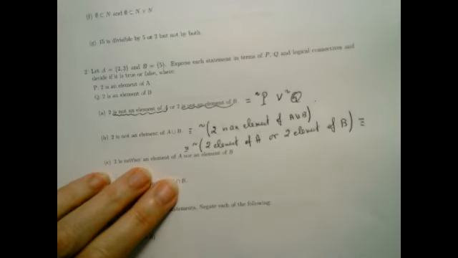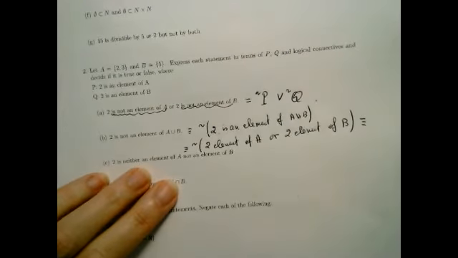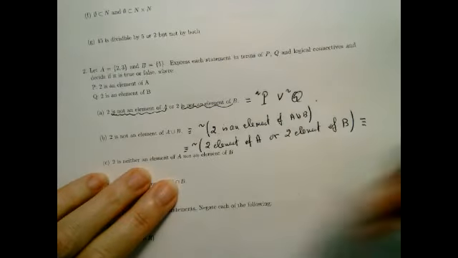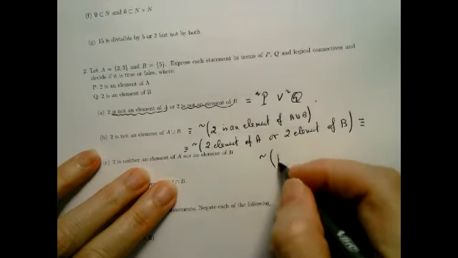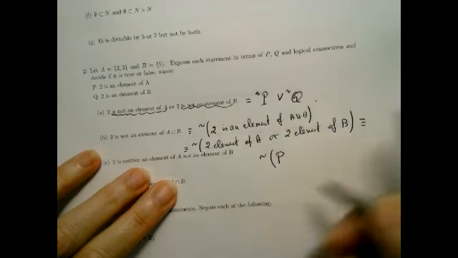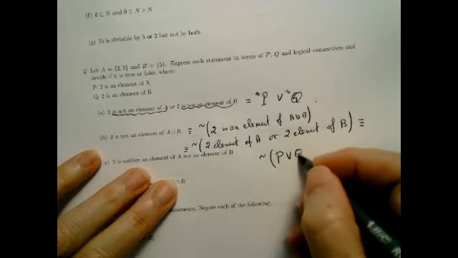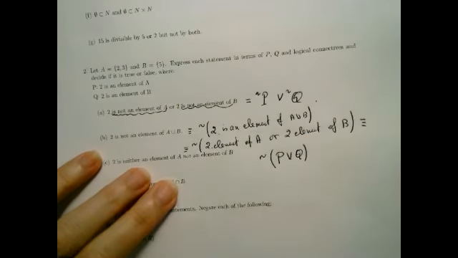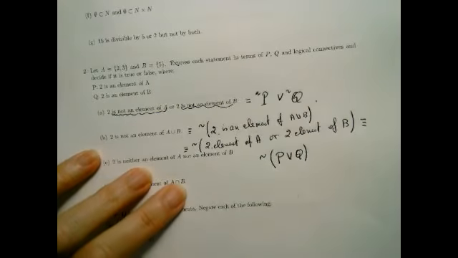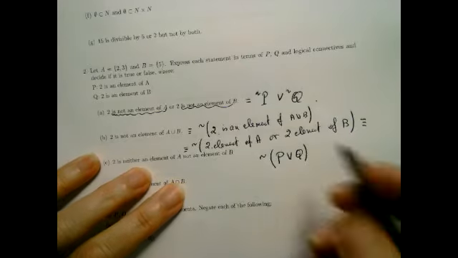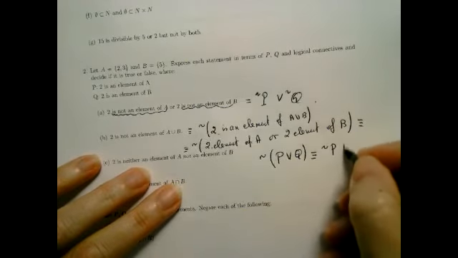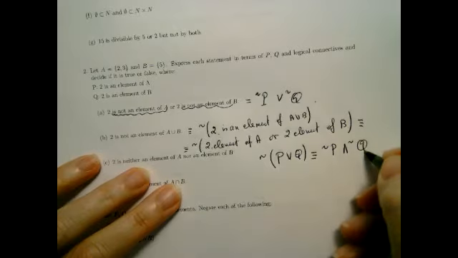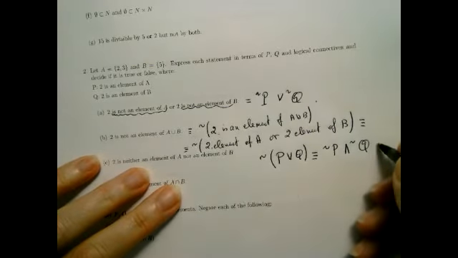Now I can make a lot of mistakes. Okay, so what am I negating? 2 is an element of A, that's P. 2 is an element of B, that's Q. And that's what your classmate actually told us. It means I'm negating P or Q, but what does De Morgan's law tell me? Non-P and non-Q.